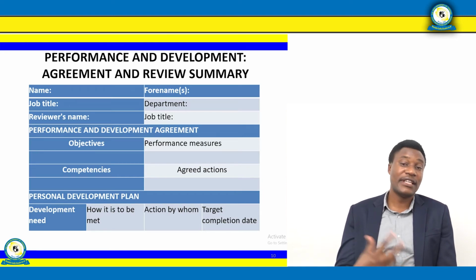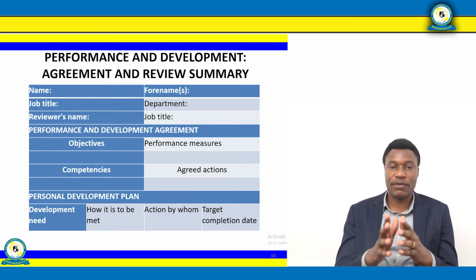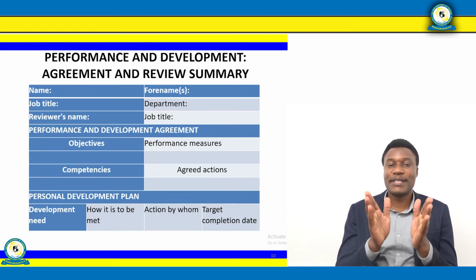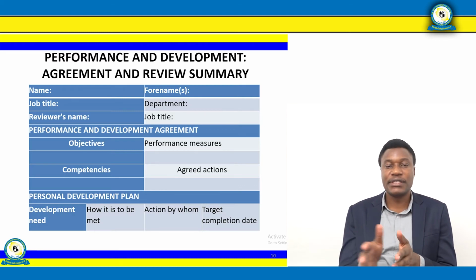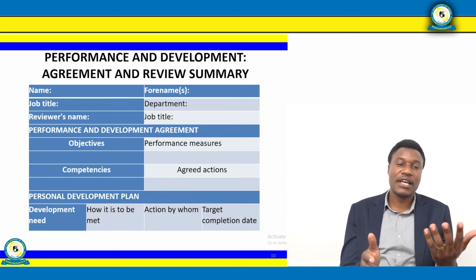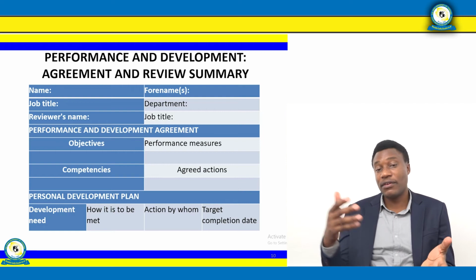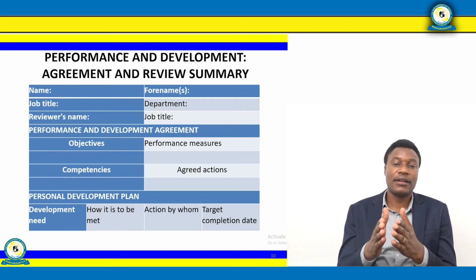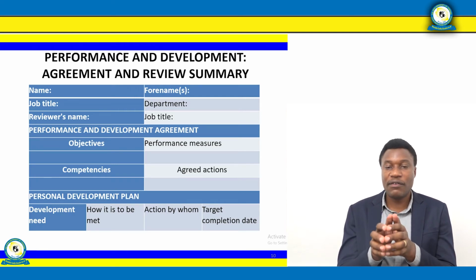So an example now, let us see. You will see in the slide a sample of a form: performance and development agreement and review summary. They must include the name, the job title, the forenames, and also the department. On the left side, name, job title, reviewer's name, and on the right side, forename, department, job title, performance and development agreement.